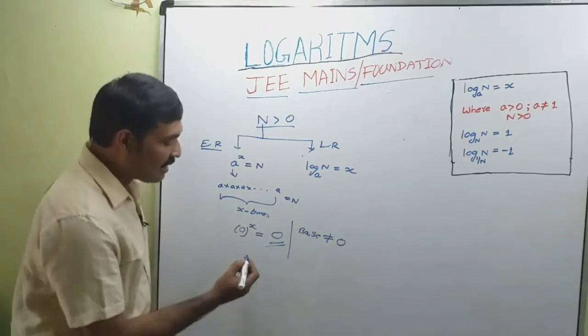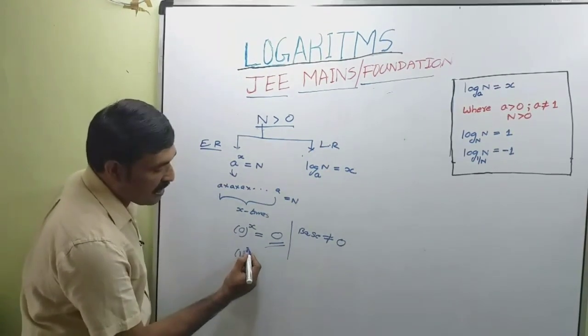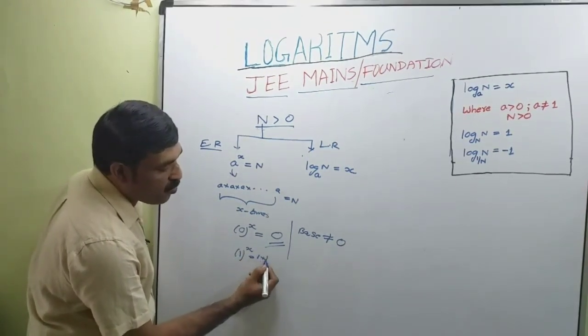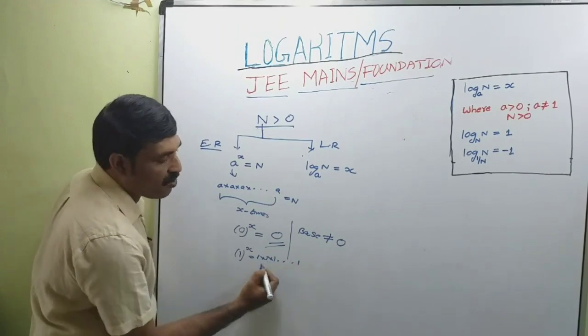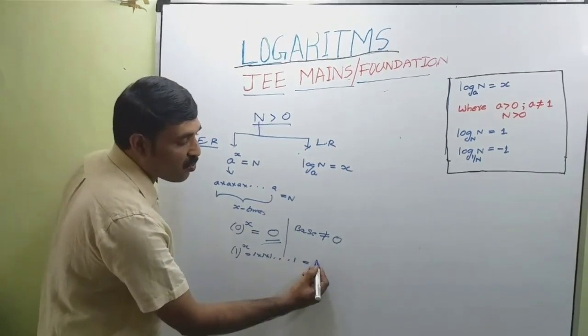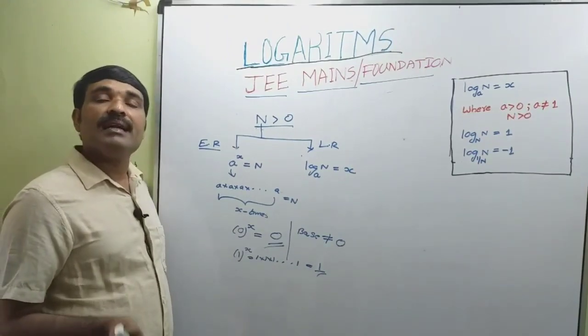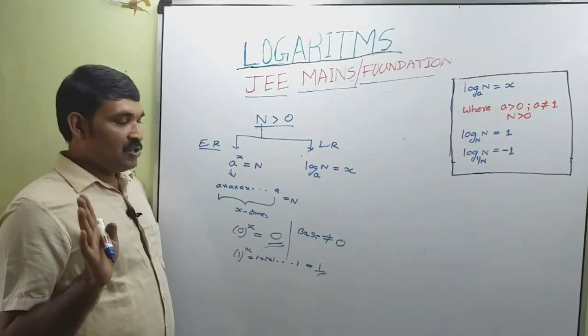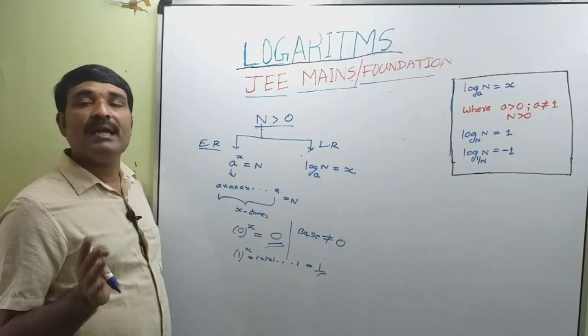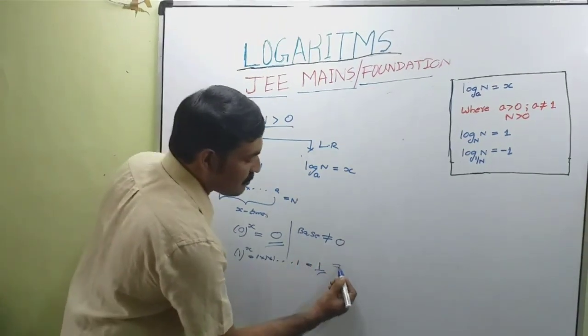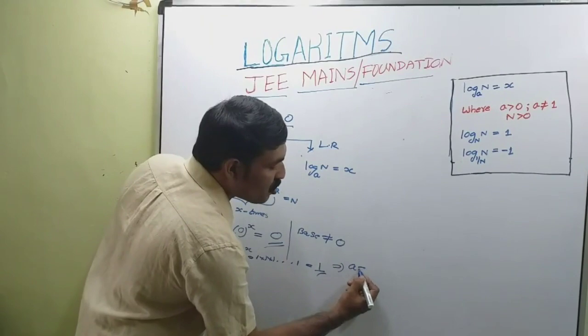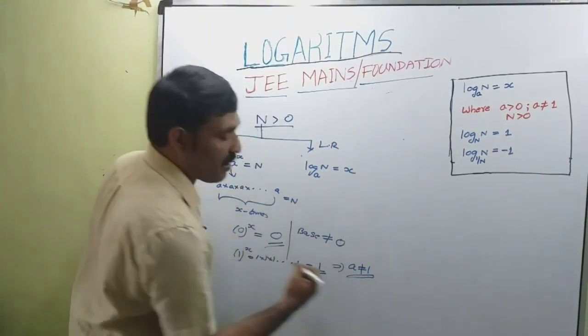What does that indicate? 1 raised to x is equal to 1 into 1 into 1, x number of times. That is equal to 1. Always 1. 1 raised to any real number is always equal to 1. So base a should not be equal to 1.